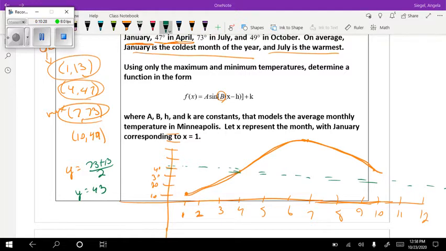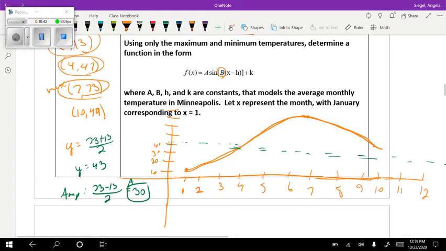Let's see if we can start turning this into an equation. I'm going to find the amplitude. That is going to be my A value, and it's going to be positive because it's going up. My B value is going to be the same as the other problem because we're dealing with 12 months.